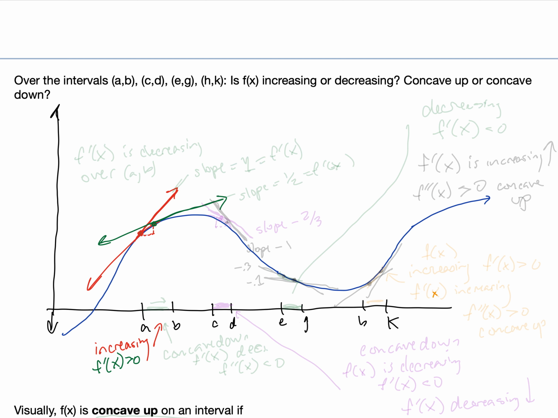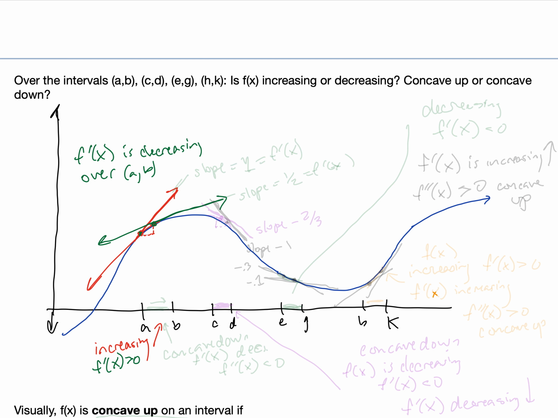But what about the second derivative? Is the first derivative increasing or decreasing? Well, it looks here like f prime of x is decreasing over the interval from a to b. Why do I say that?